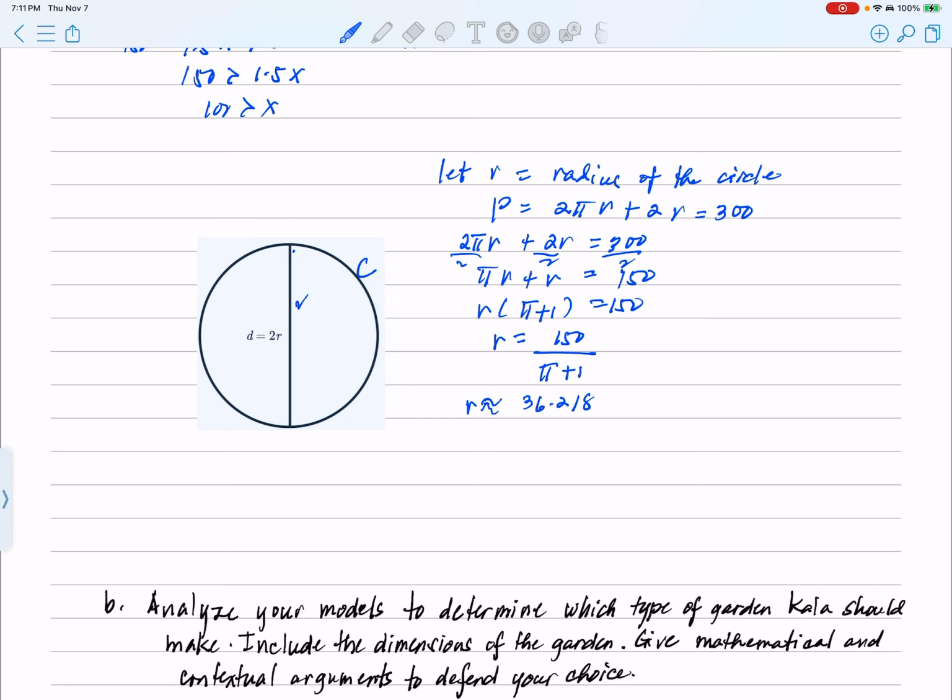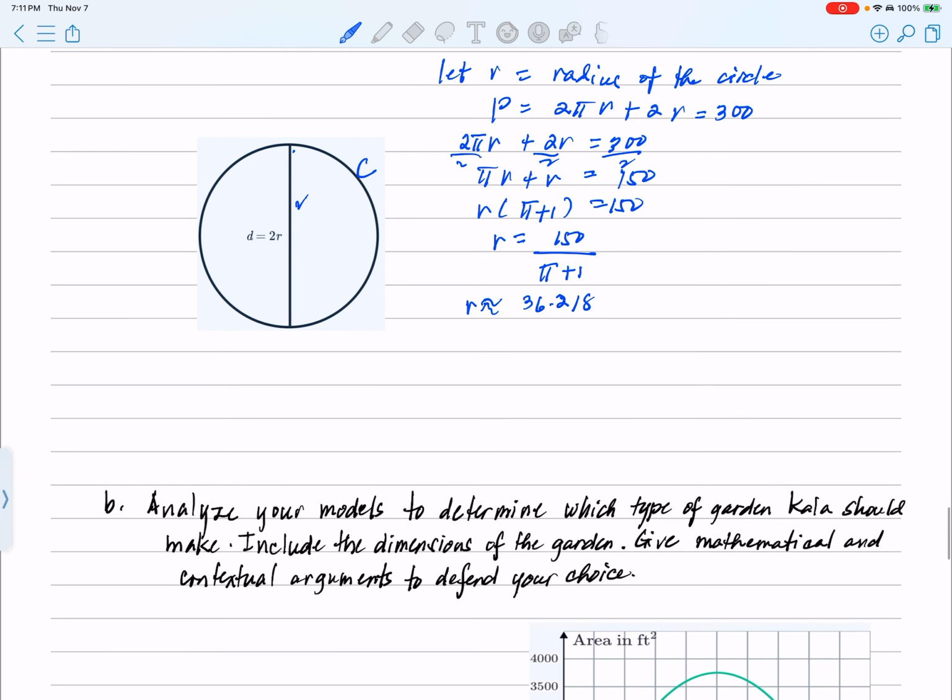The area of a circle is pi r squared. So computing for the area of the circle, we're trying to compare the rectangle and the circle plot. So this is the circle plot.